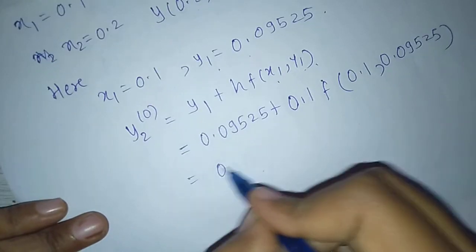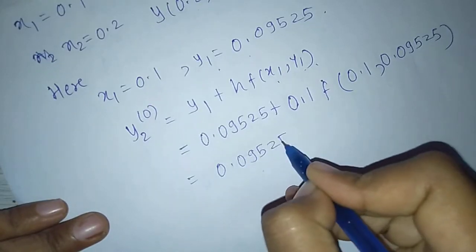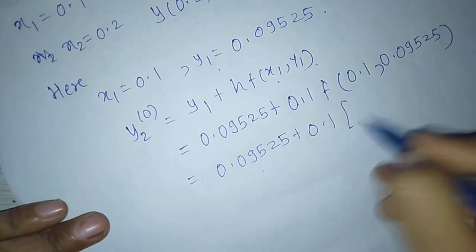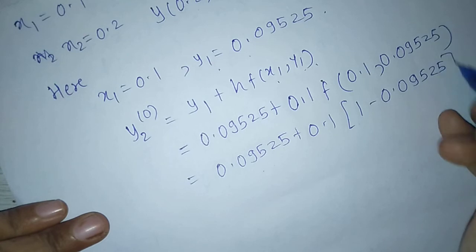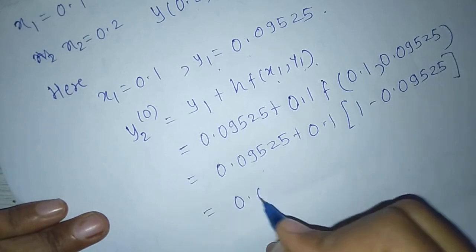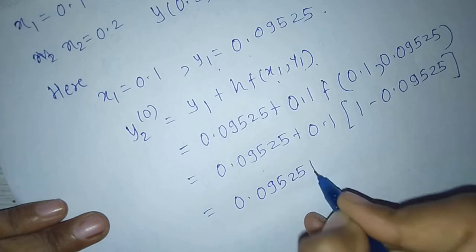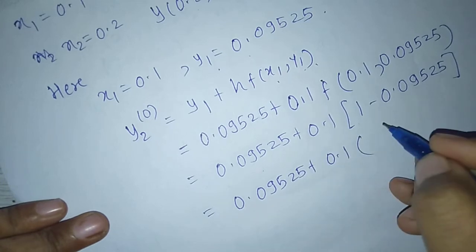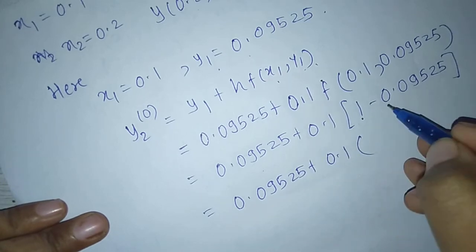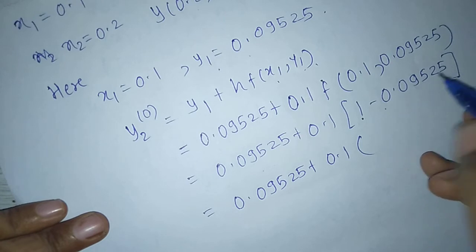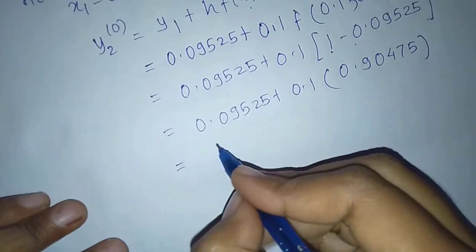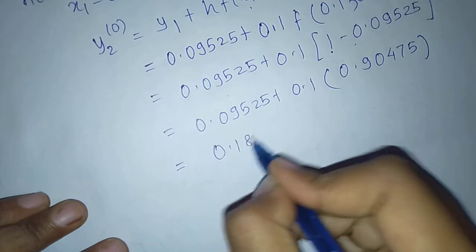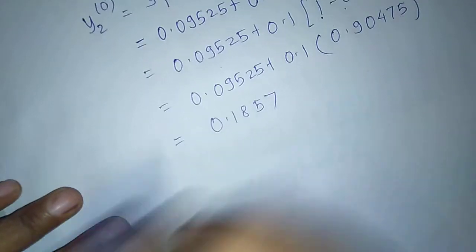So it is 0.09525 plus 0.1 into 1 minus 0.09525, which is 0.90475. After simplification, we get 0.1857.